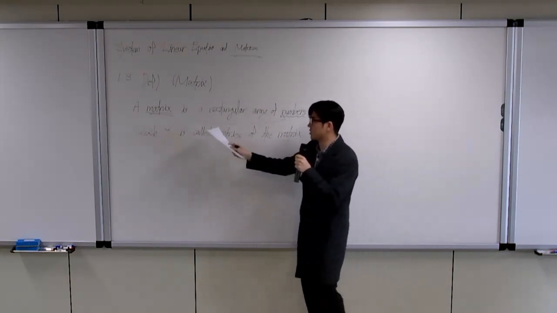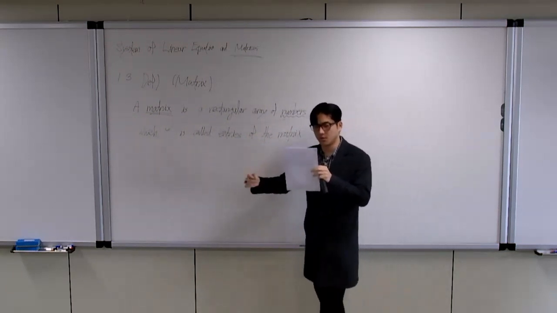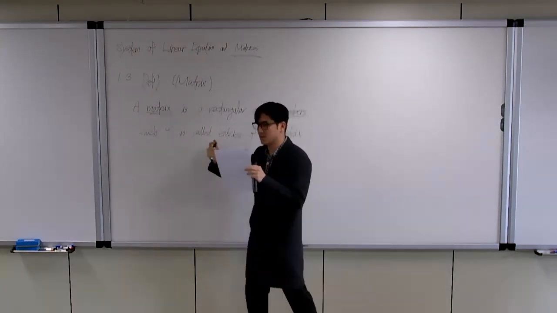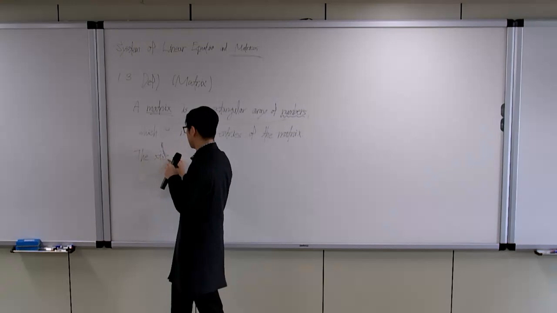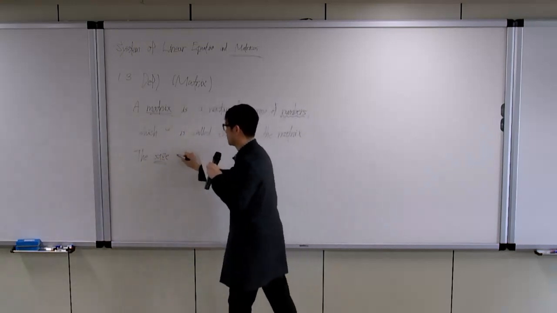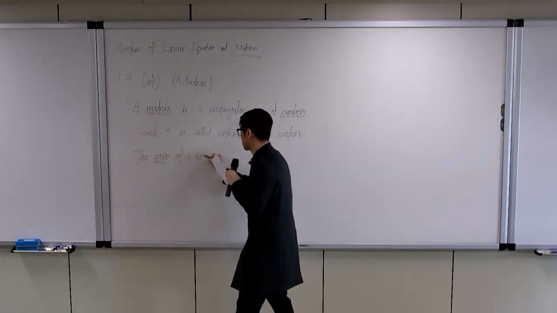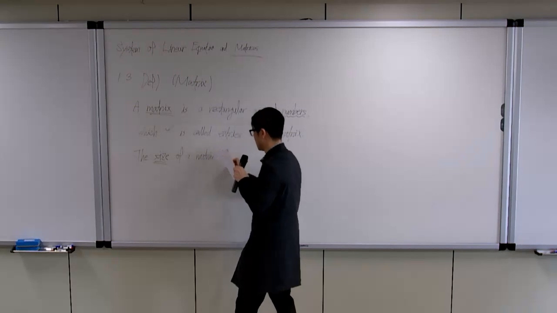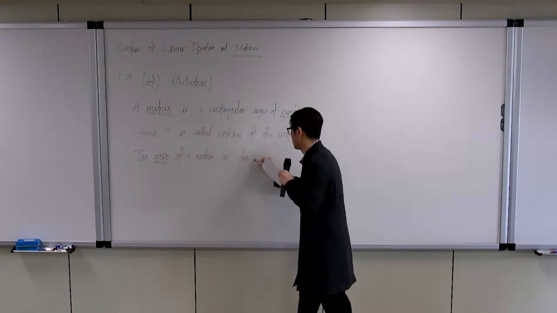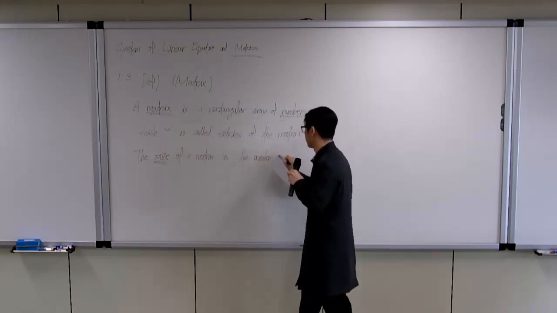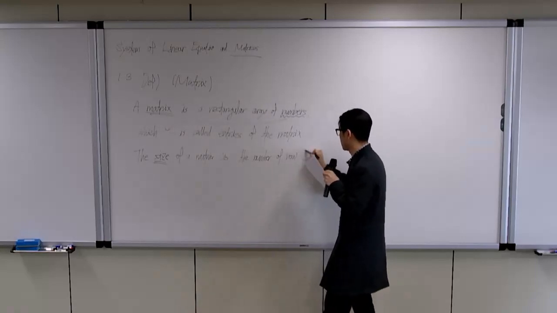The size of a matrix is the number of rows and columns.